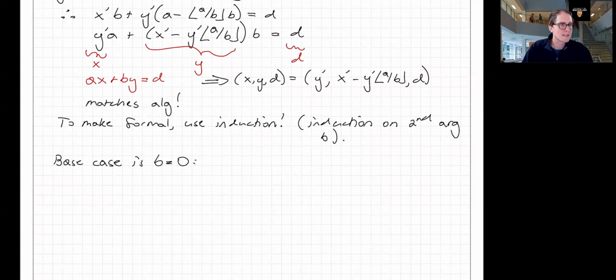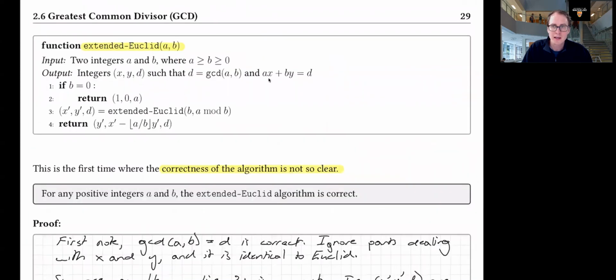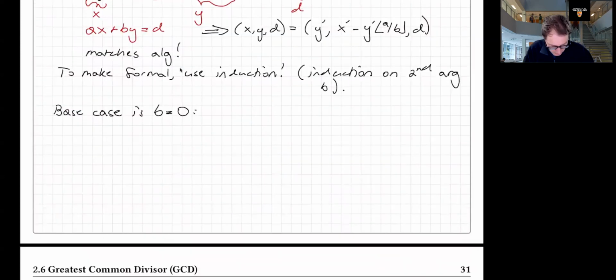Right? And then that's easy to show that it's correct because that's returning this. And you can see that it's then going to return A times 1 plus 0 times B. So A equals, and then the D argument is A. And the greatest common divisor of A and 0 is indeed A. So this is correct. Base case is B equals 0.